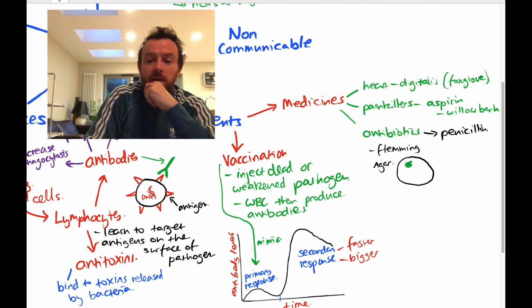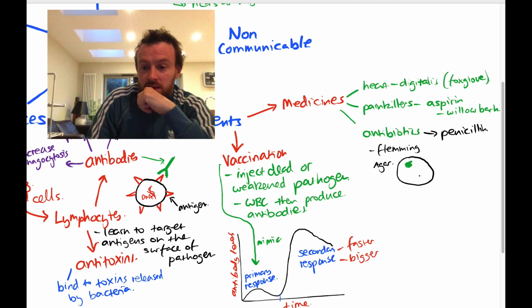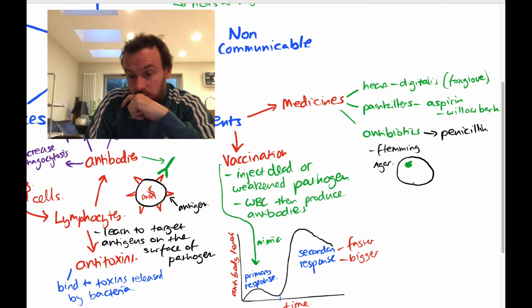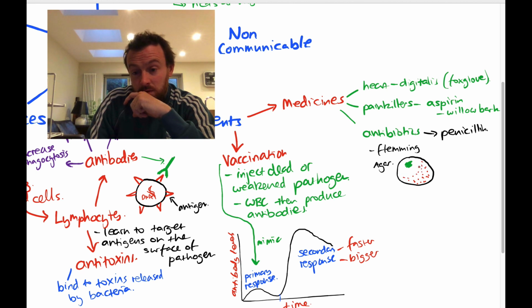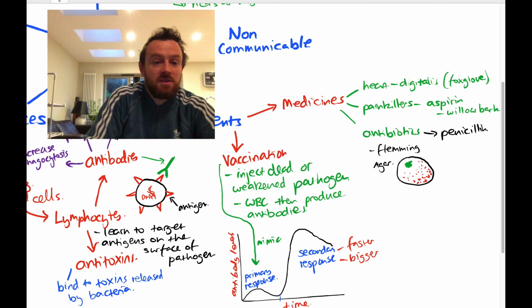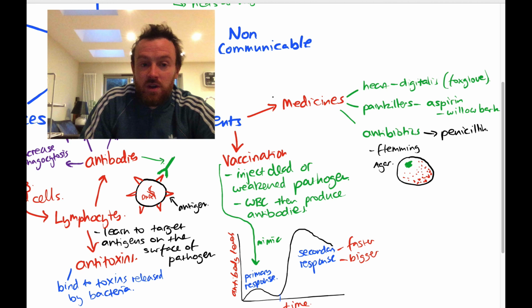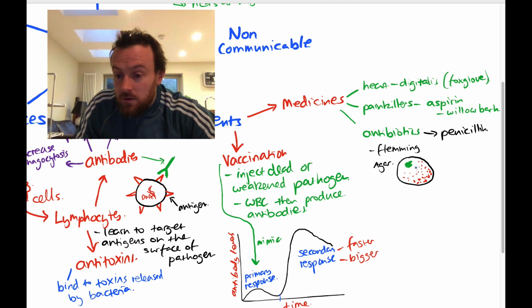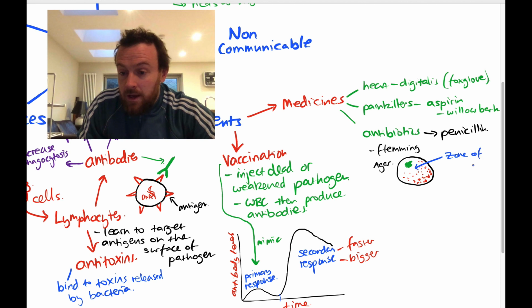That's the penicillin mold, that green stuff. And the bacterial colonies, I'll draw over here. The bacterial colonies were lots over here, but close to the mold, they basically died out. So he noticed that there was this zone of inhibition or zone of clearance, which we'll label there, zone of inhibition.